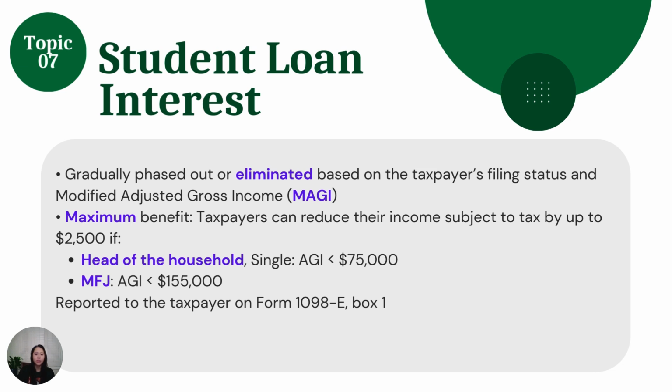Student loan interest. We're almost done, guys, I promise. But student loan interest is gradually phased out or eliminated based on the taxpayer's filing status or modified adjusted gross income. That's what the M stands for.